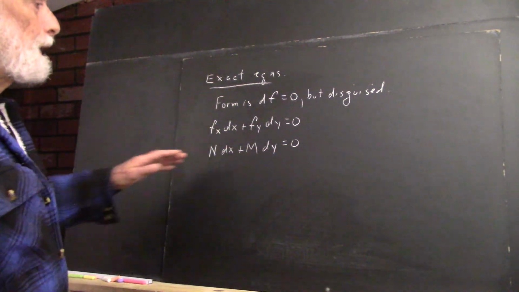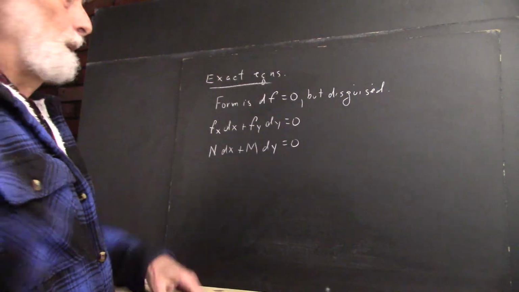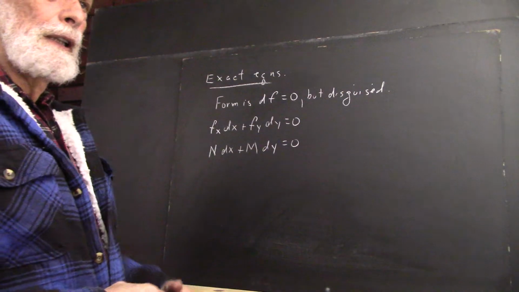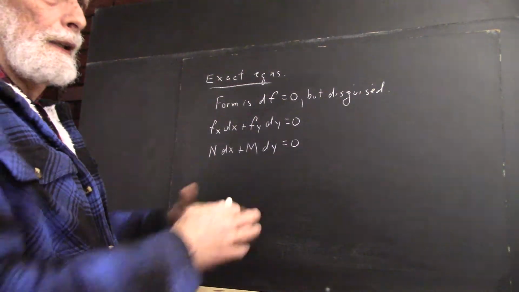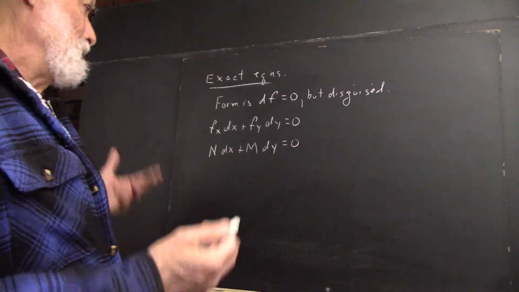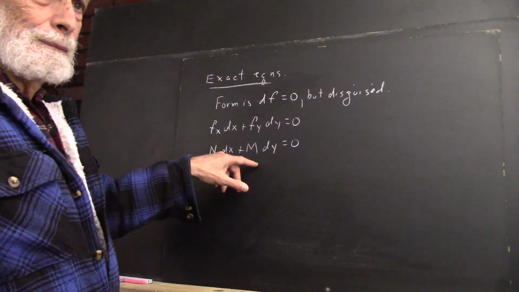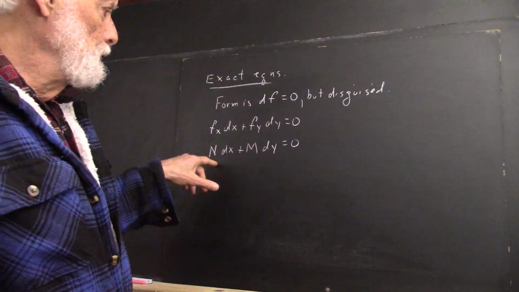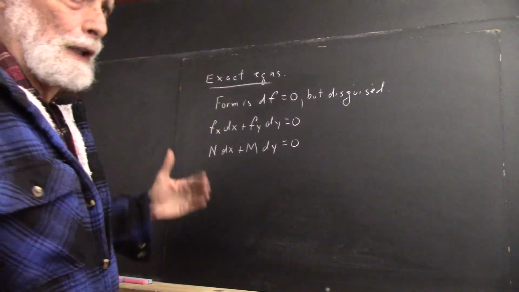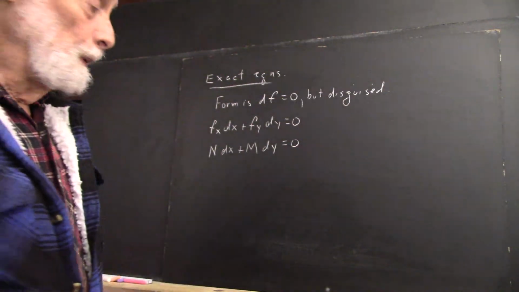Now the equation might not be in this form. You might have some dx's over here and some dy's over there on the other side. Or you might even have a dy dx plus some awful function. Whatever. But you have to be able to, of course, do the algebra to put it in this form. But I think if you just realize that that's what you need to do, you're not going to have any trouble doing it.